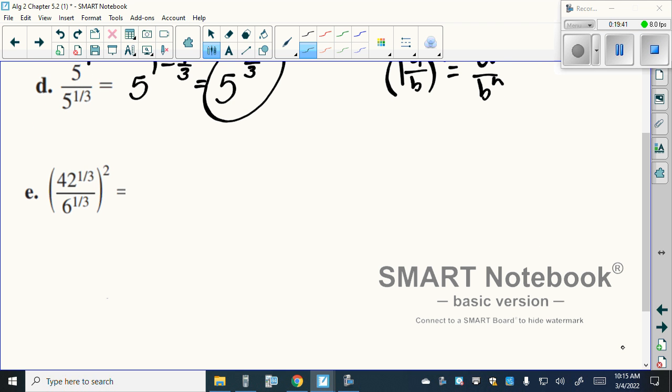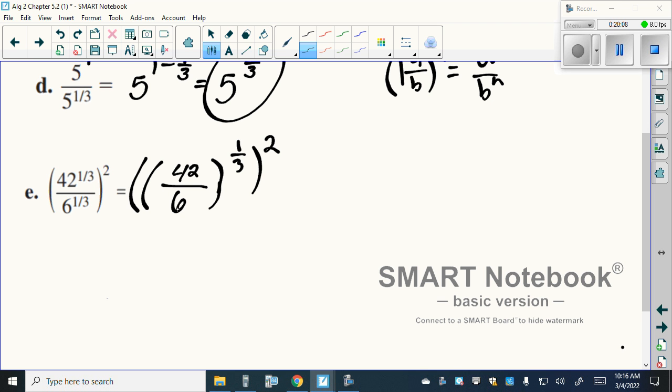Instead of applying it to both, what we can do is what? We can remove it. I could remove the 1/3, and then we would still have the square on the outside, because I could pull that 1/3 away. Why does that matter? Because what does that leave us inside?